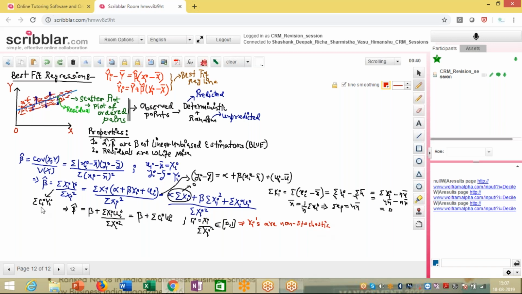And what I can see over here is that this beta hat that I am talking about can be written as a linear combination of ci and yi, which we have more granularly broken down over here.